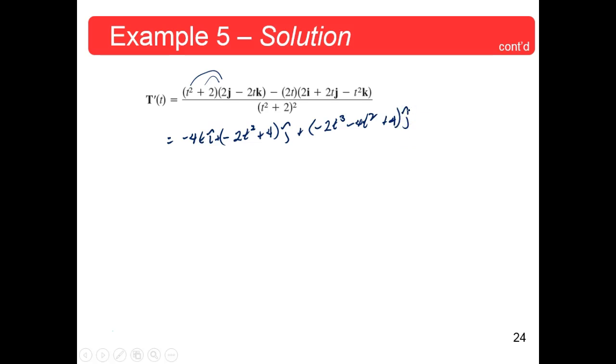Okay, and then we have a minus 2t k. Trying to make sure I don't lose a term here.